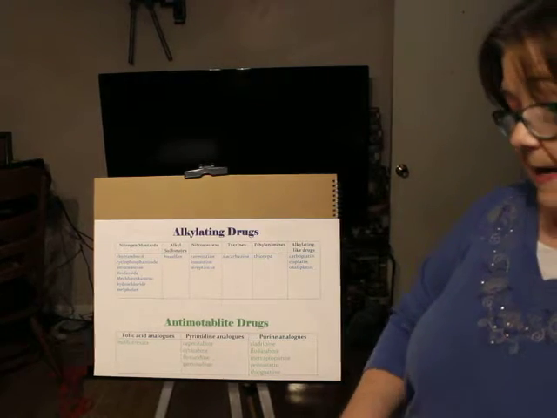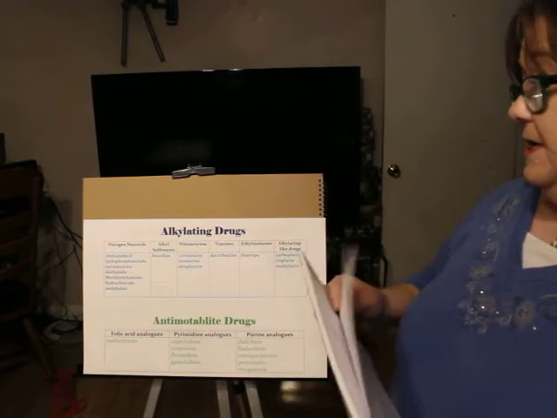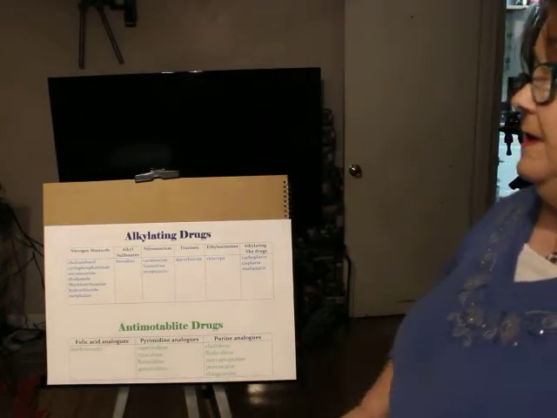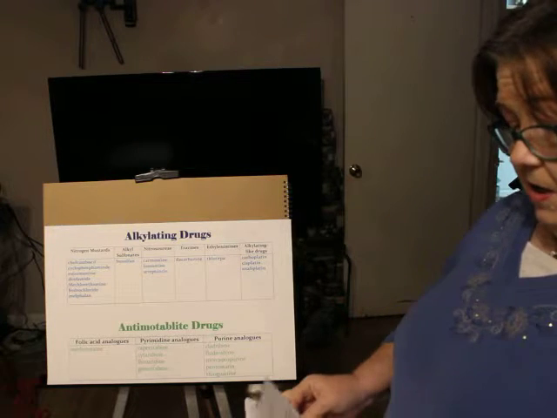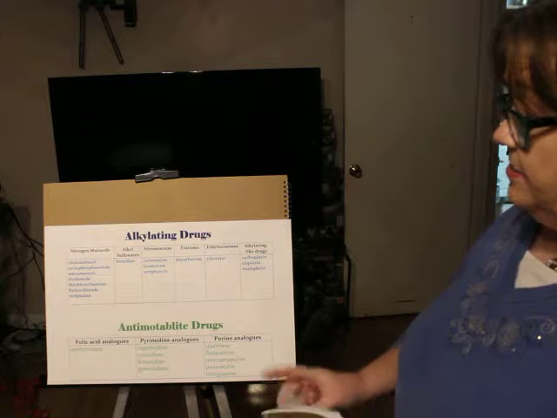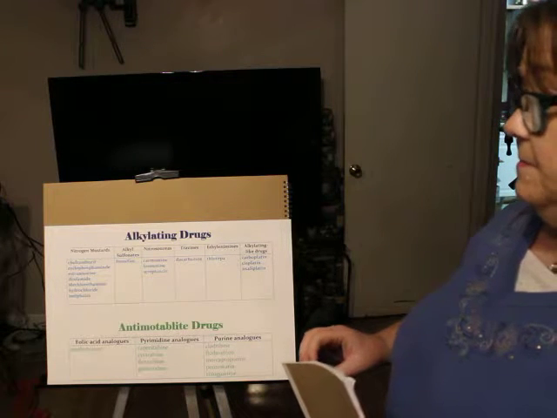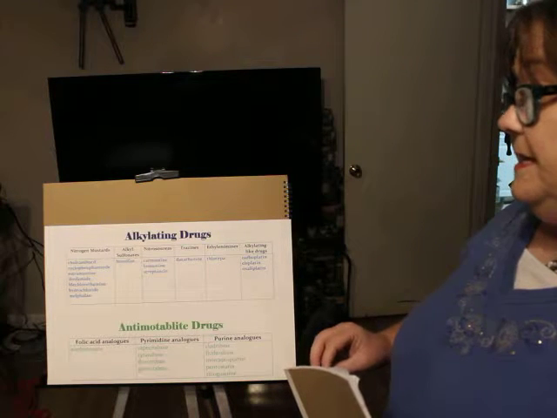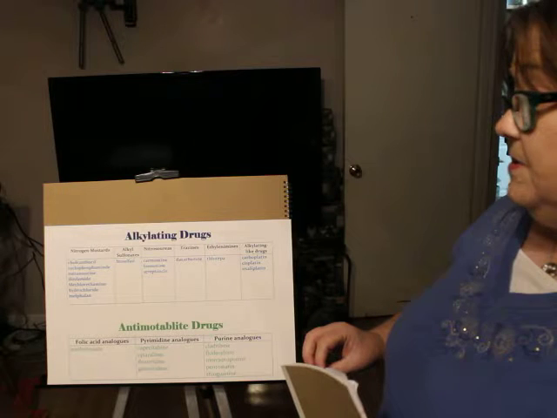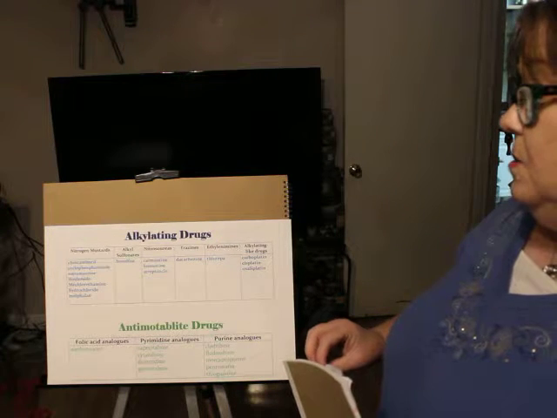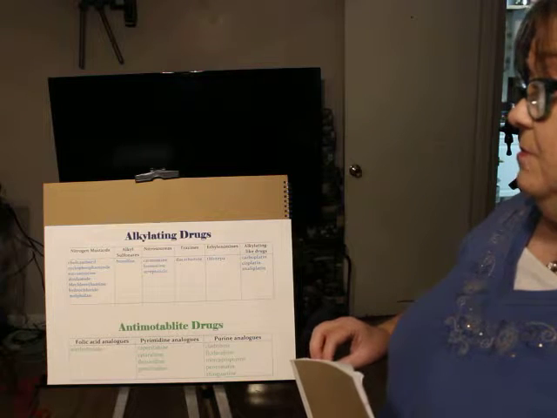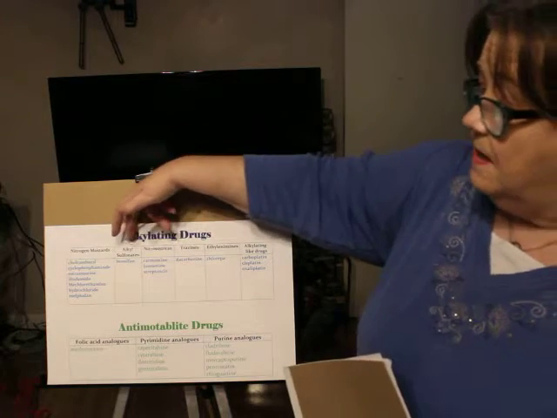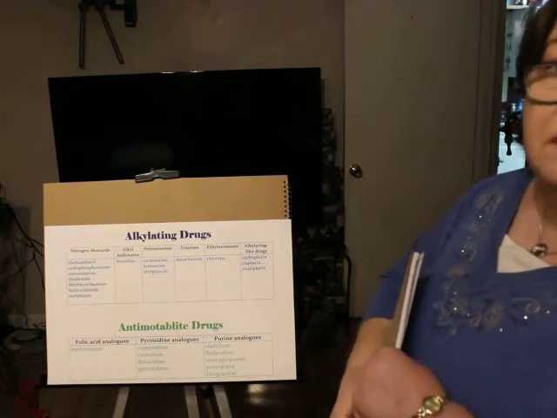Now we get to the alkylating agents. They have 6 classes of alkylating drugs. They are the nitrogen mustards, which include chlorambucil, cyclophosphamide, estramustine, ifosfamide, mechlorethamine hydrochloride, and melphalan. The alkyl sulfonates have only one, busulfan.